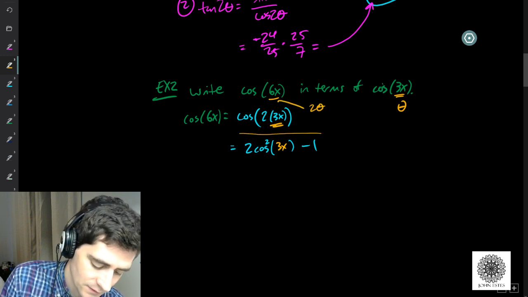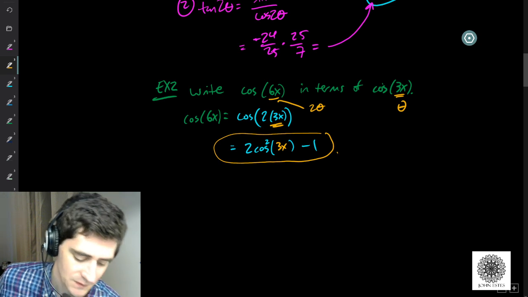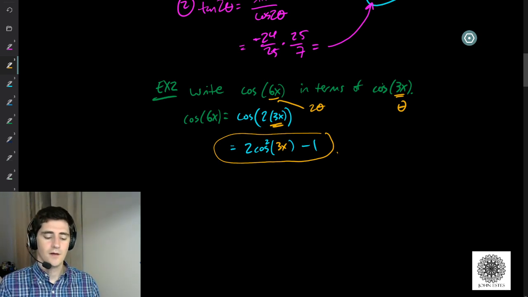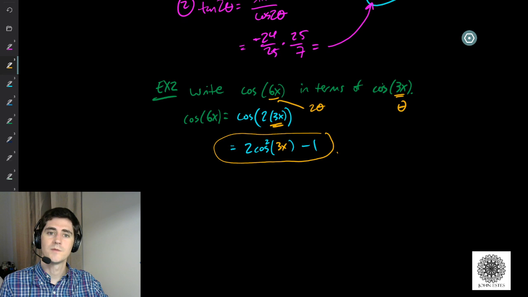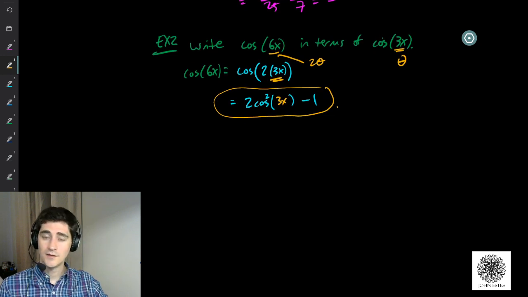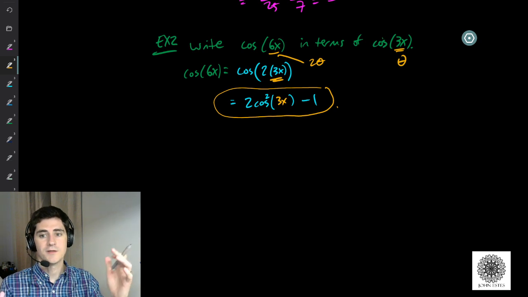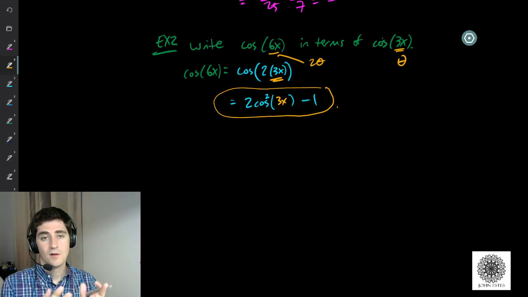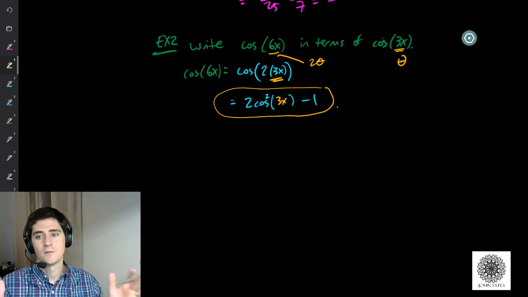Okay, so there's my answer. I've rewritten cosine 6x in terms of cosine of 3x. And that's why these double angle identities are helpful. They help us go from potentially large angles down to smaller ones, or vice versa, small ones up to large ones.